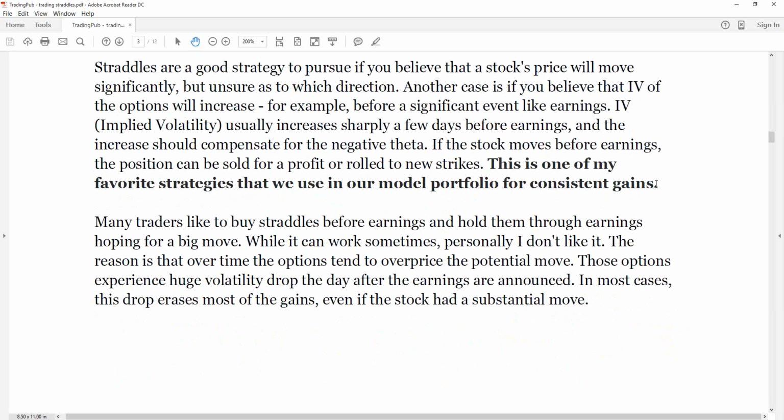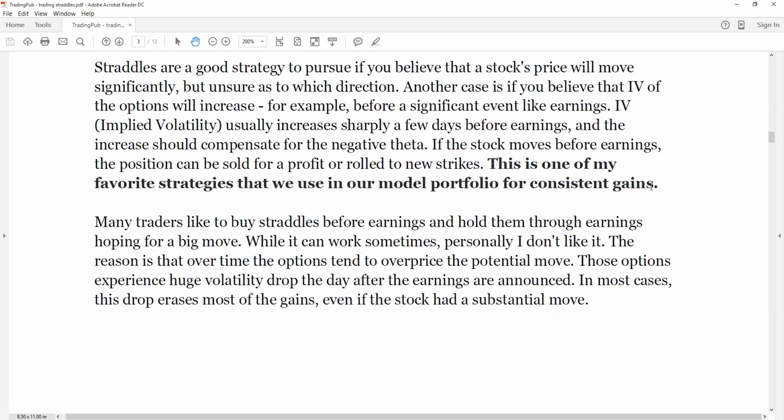Now, many traders like to buy straddles before earnings and hold them through earnings, hoping for a big move. While it can work sometimes, personally, I don't like it. And the reason is that over time, the options tend to overprice the potential move. We're not the only ones who know that the earnings are coming.